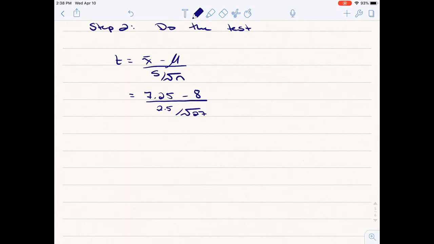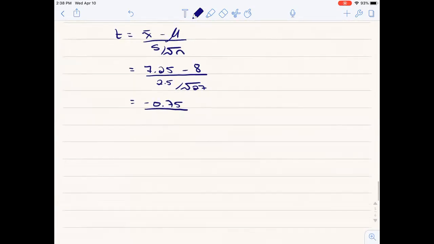That's negative 0.75 over 2.5 divided by the square root of 27, divided by 0.4811252224.